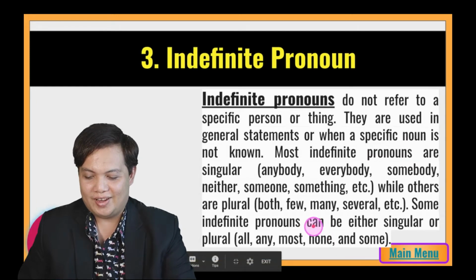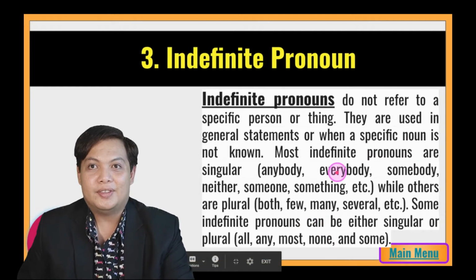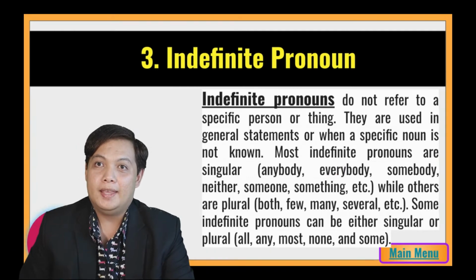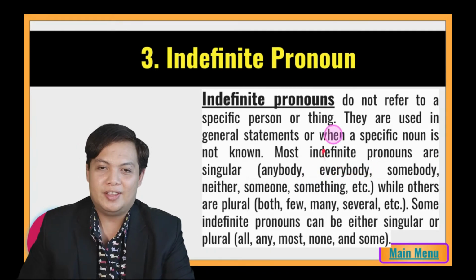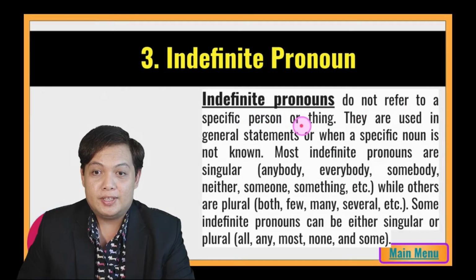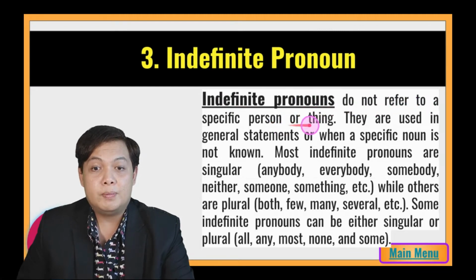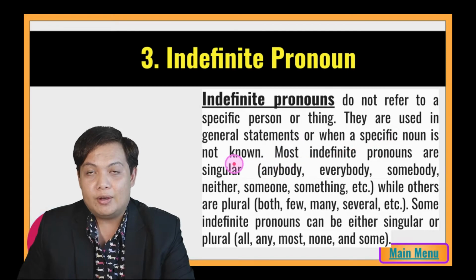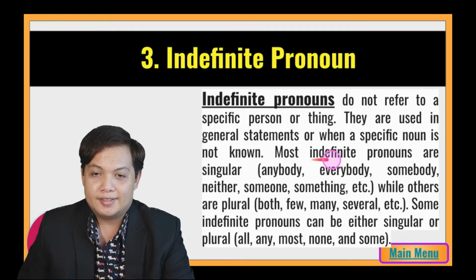Alright, very good. Number three, indefinite pronoun. Indefinite pronouns do not refer to any specific person or thing. They are used in general statements or when a specific noun is not known.